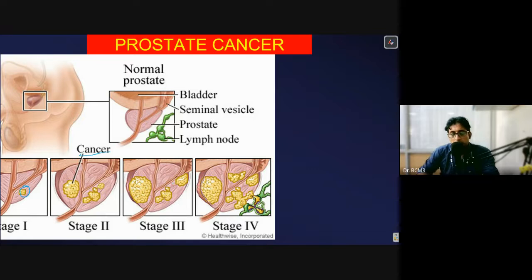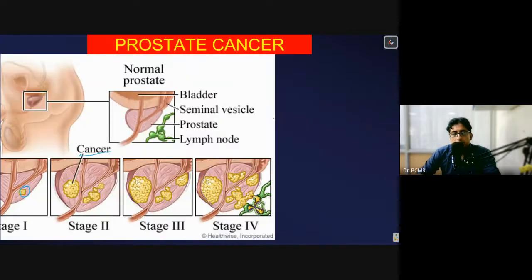And then it will reach the blood, and then stage 1, stage 2, stage 3, and stage 4, it will move to other organs and cause secondary tumors, and eventually the person will die.